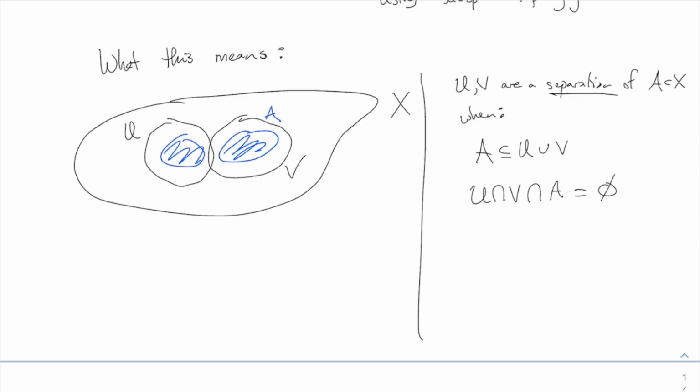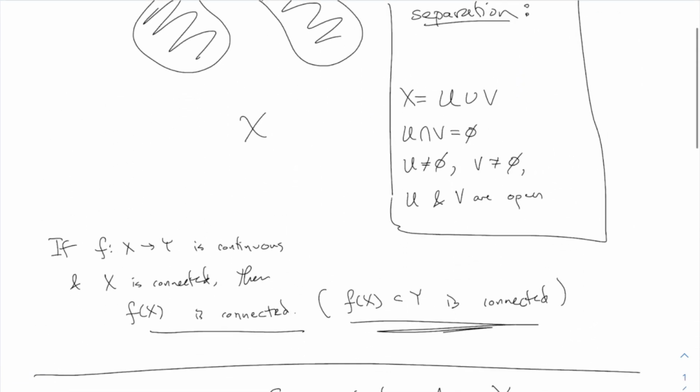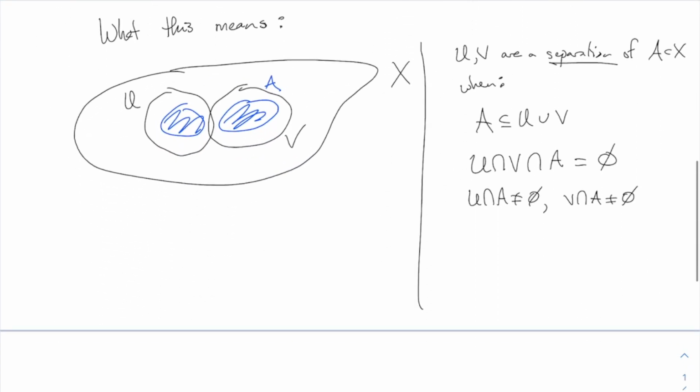So this needs to say U intersect A is not the empty set, and V intersect A is not the empty set. And then the last property was U and V are open. That still needs to be true. U and V are open.